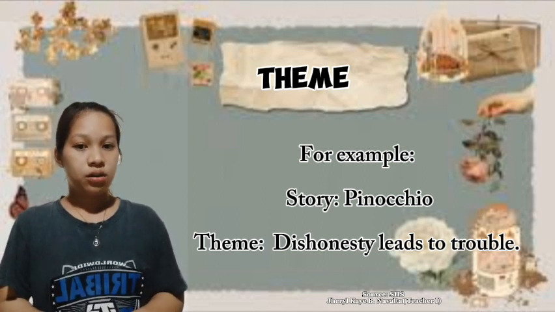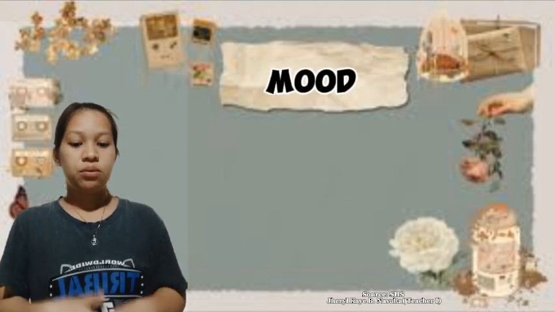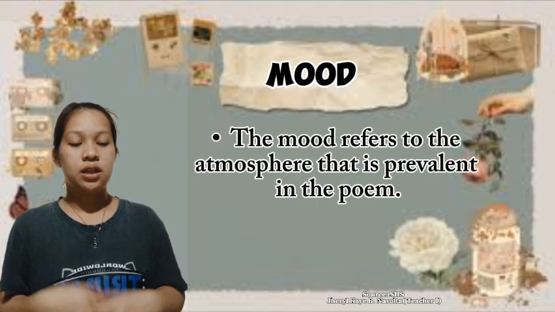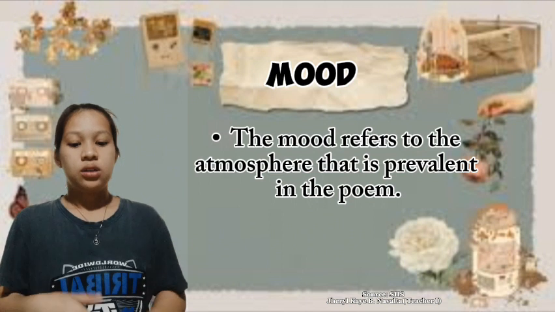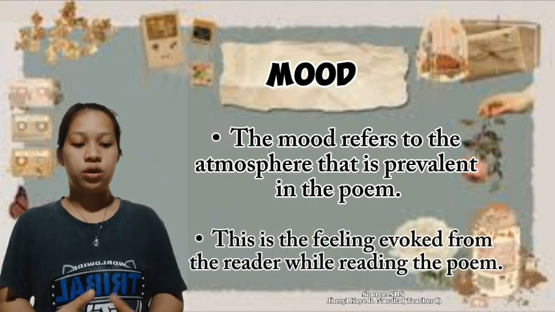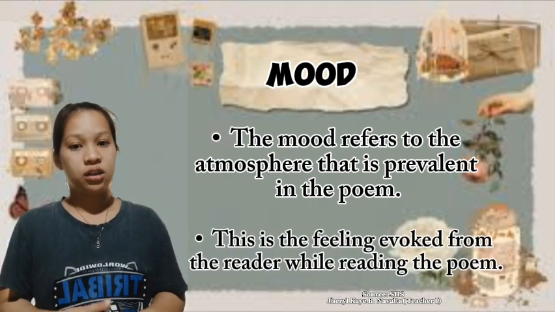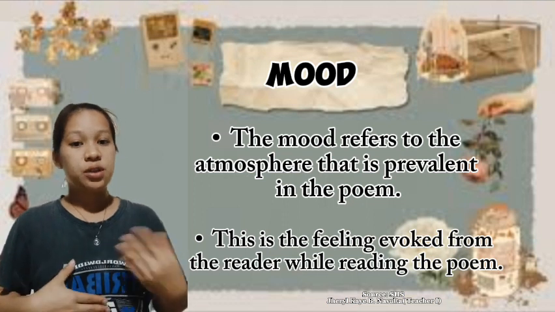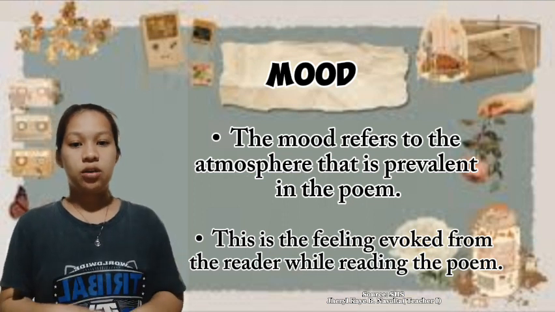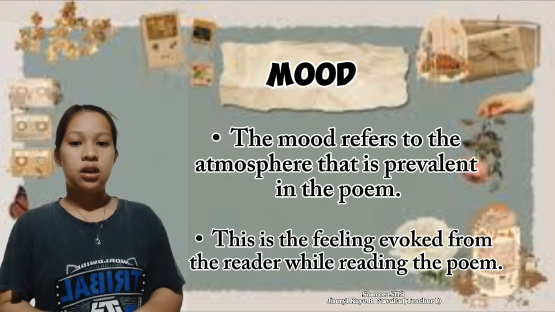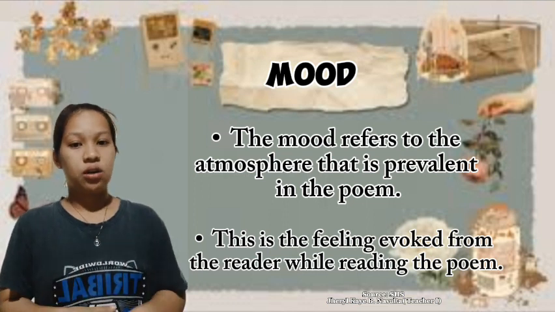The next element of poetry is the mood. Mood refers to the atmosphere that is prevalent in the poem. This is the feeling evoked in the reader while reading the poem. Mood is very much subjective, depending on how we feel as readers. The counterpart of mood is tone.